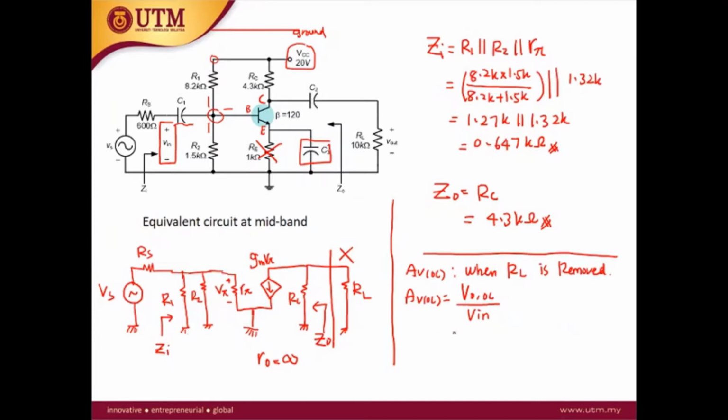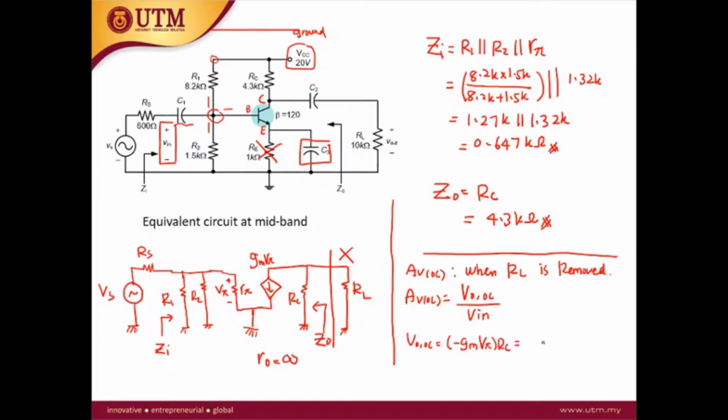So what is Vout OC? Vout OC can be calculated using the voltage drop at the RC. Using Ohm's law, the current at the RC is minus Gm V pi, times RC.